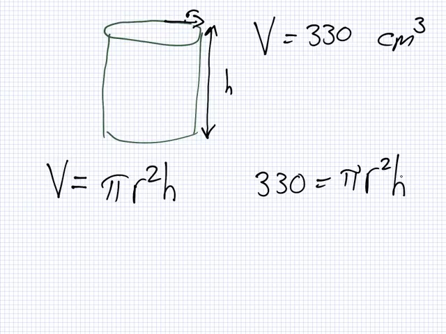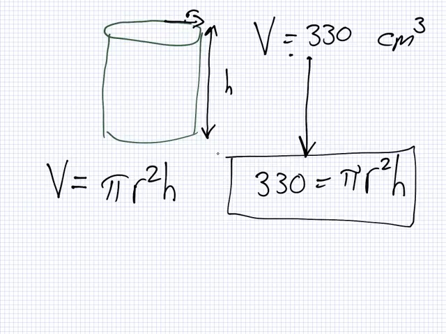So for this question, the condition you must meet is that the volume is 330. And we can put this in an equation in r and h. In other words, whatever r and h I use, I have to make sure this is true. So this is like a constraint or a requirement on the r and the h. So we call it a constraint equation. So this is part A done then.